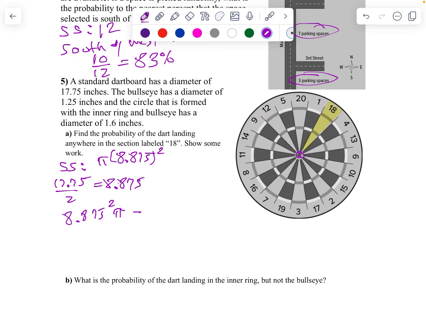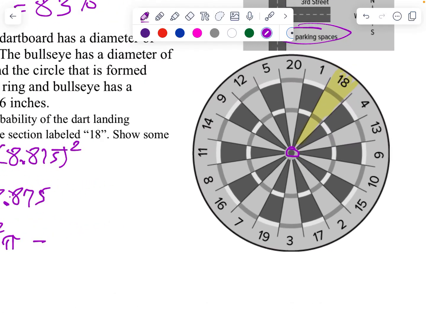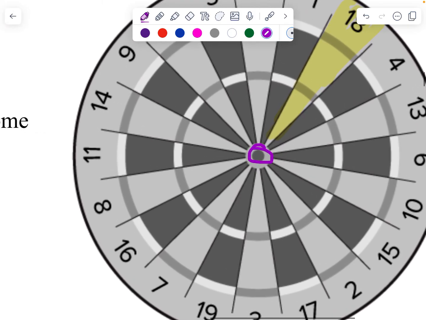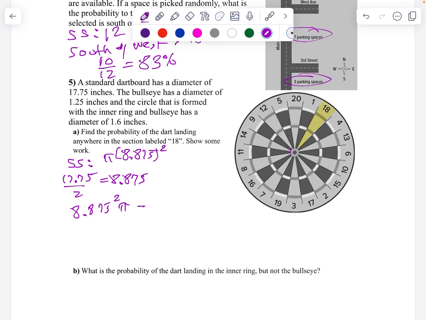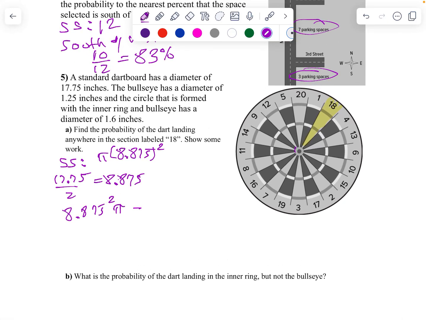Let me look at my assumption here. No, I'm not going to include the center because that's not in the 18 part, is it? So I'm going to subtract off that little circle on the inside. My circle on the inside has a diameter of 1.6, so the radius is 0.8. And that'll be squared times pi. So that's going to be the section that's not the bullseye.